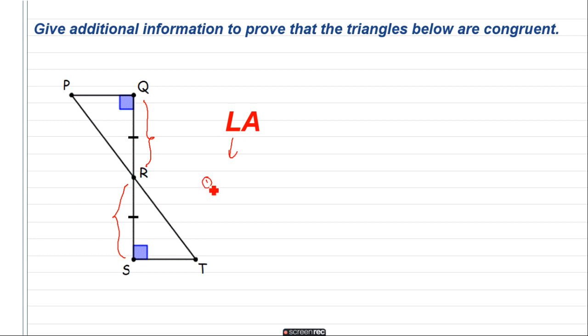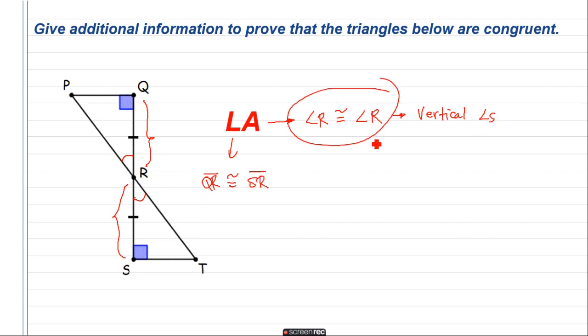Let's write that: QR is congruent to SR. Now, since we need an acute angle, what additional information is needed? We can say that the additional information is angle R is congruent to angle R. What is our reason? Our reason is that they are vertical angles. So that is the additional information needed.